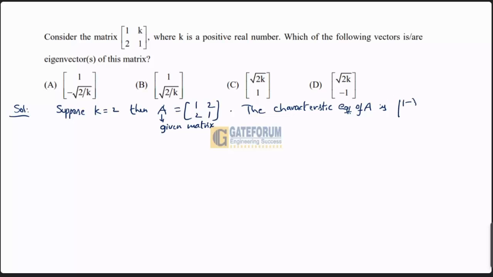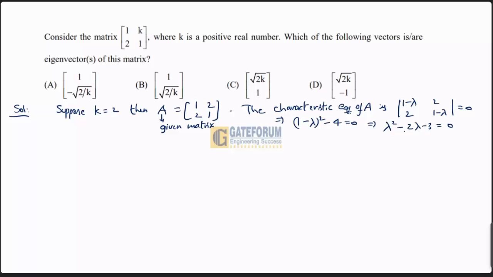Determinant of [1 minus lambda, 2; 2, 1 minus lambda] equal to 0. This implies (1 minus lambda) whole square minus 2 into 2, that is 4, equal to 0. This simplifies to lambda square minus 2 lambda minus 3 is equal to 0.